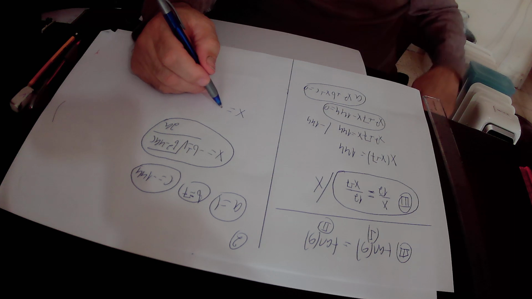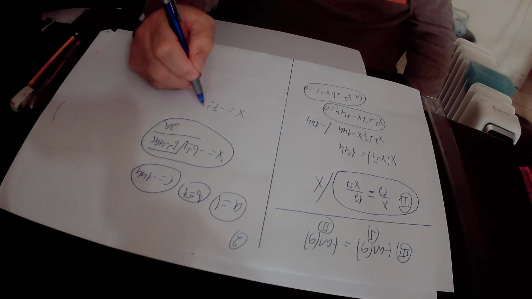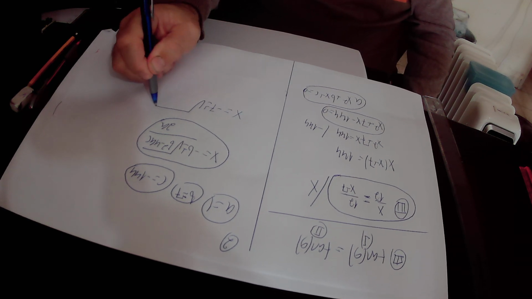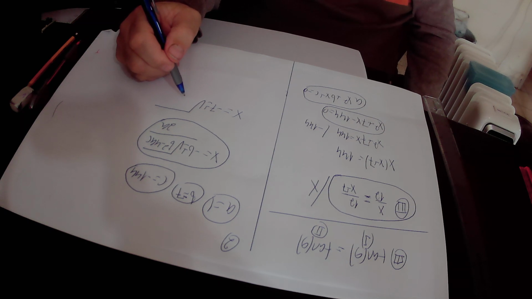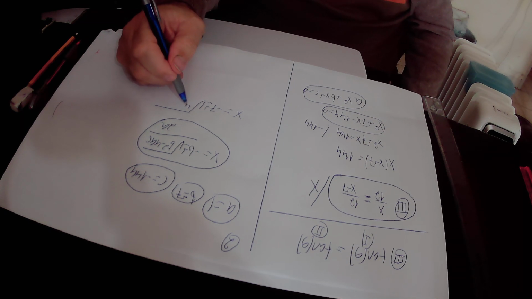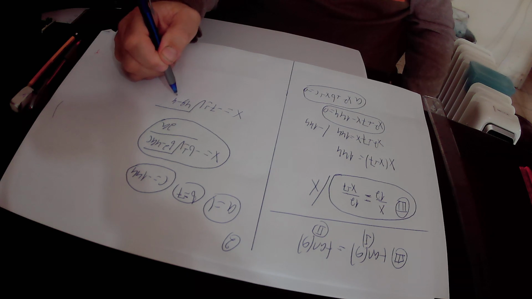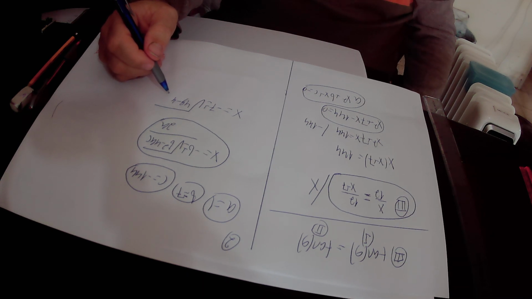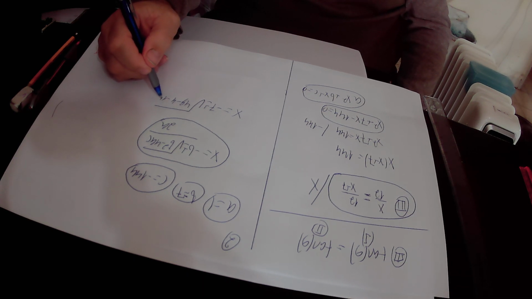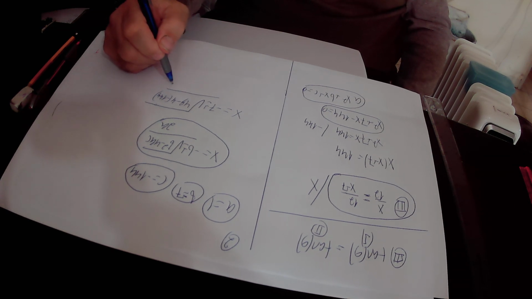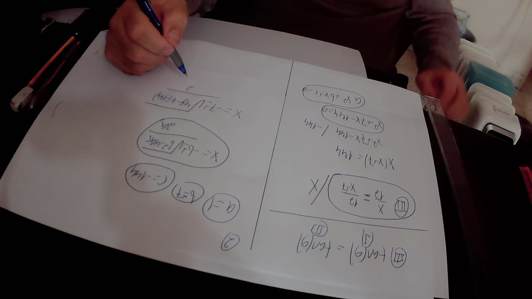B is 7, so minus b is minus 7, plus minus square root of b squared. B is 7, so b squared is 7 squared, that is 49, minus 4 times a, which is 1, times c, that is minus 144, divided by 2a. A is 1, so 2 times 1 is 2.